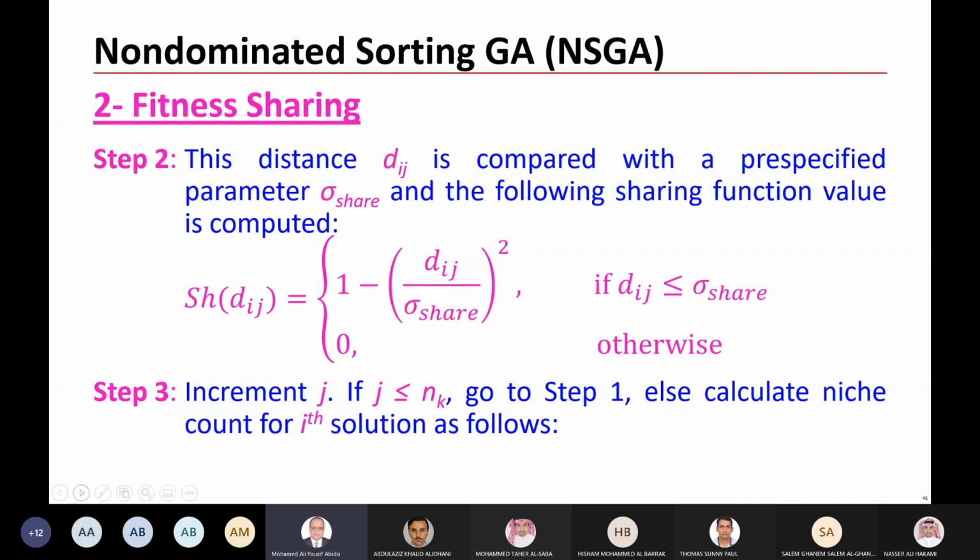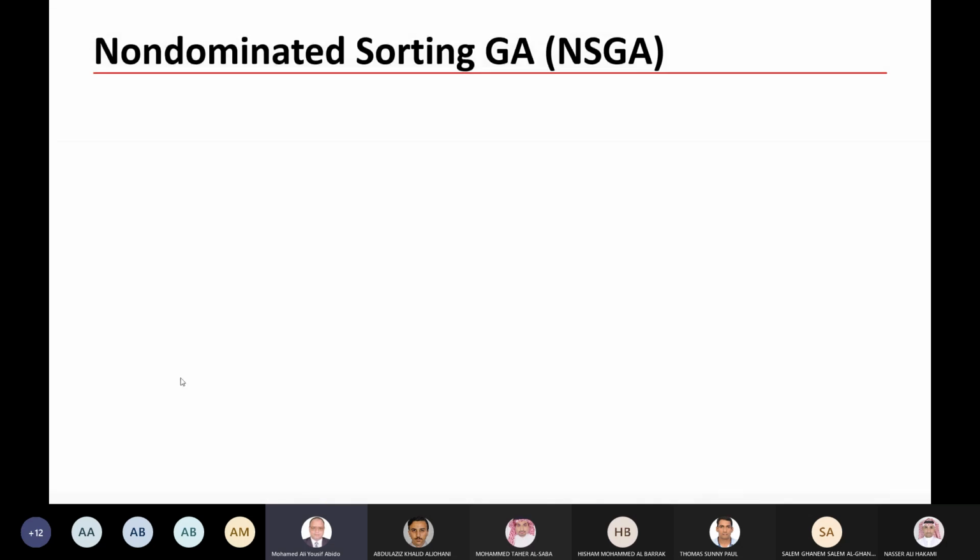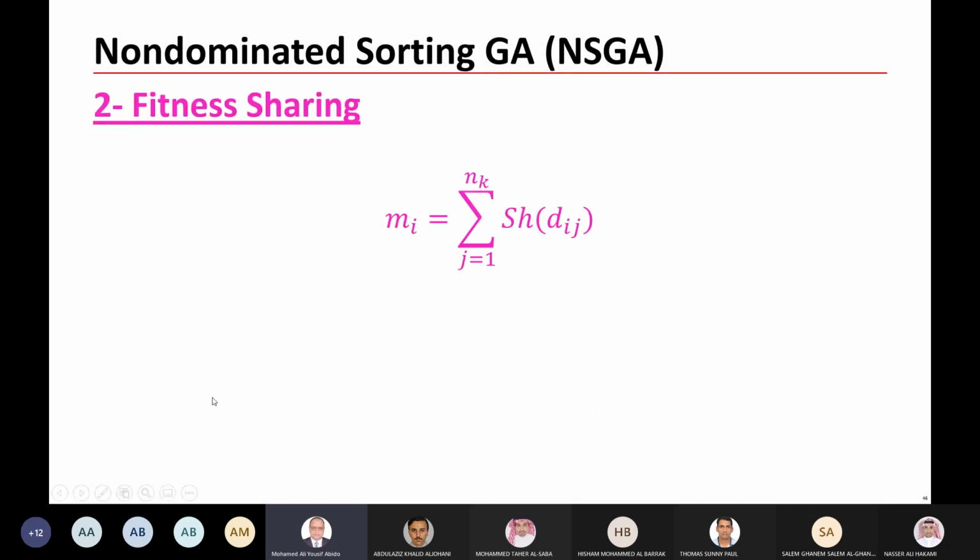Increment j, and you go for another solution in the front, until you cover all the solutions in the front. Then you calculate the sharing of the front, m of the solution m_i, equal to the summation of the sharing with respect to all the solutions in the front. I don't know whether you are following me or you have any question.